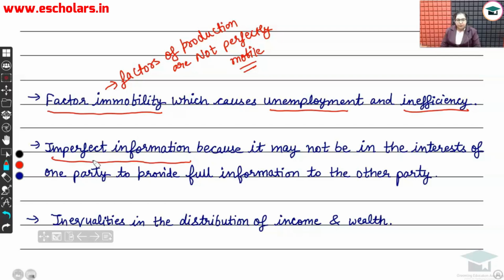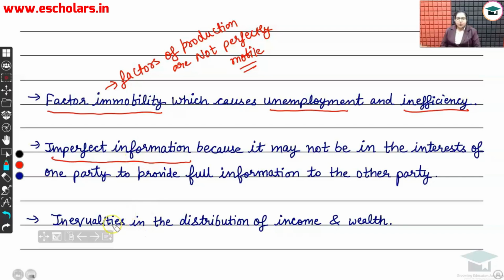And it is only possible when they have perfect information. But in case of imperfect information, that is lack of perfect information, the sellers and the consumers, or you can say all the economic agents, will not make proper choices and decisions, which will lead to market failure, okay?